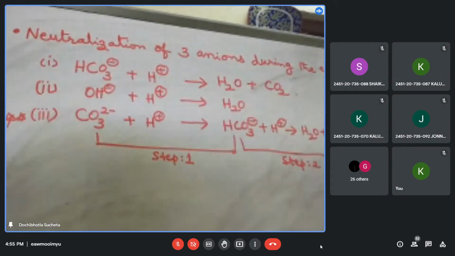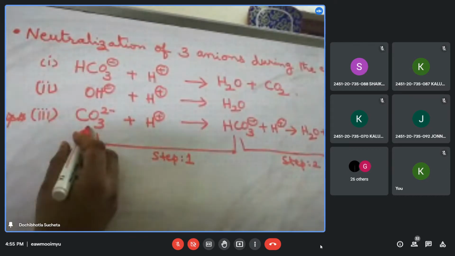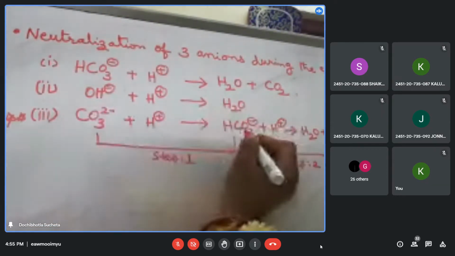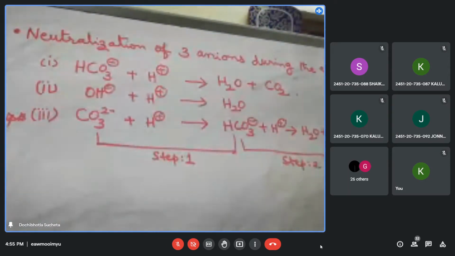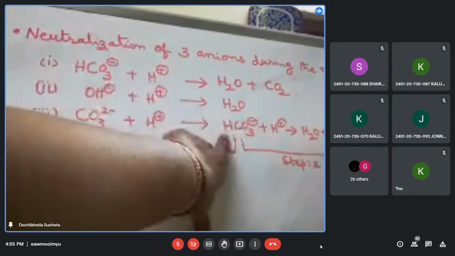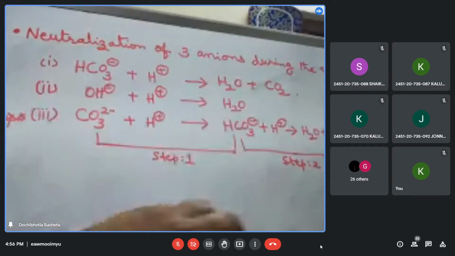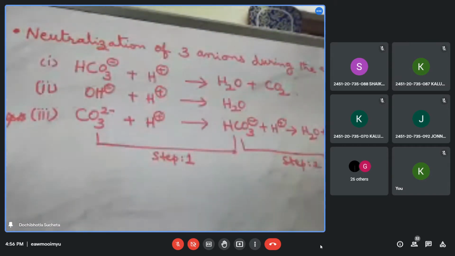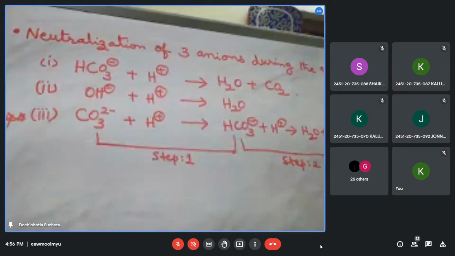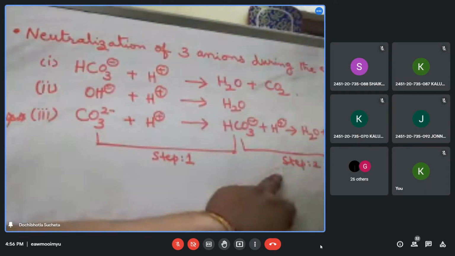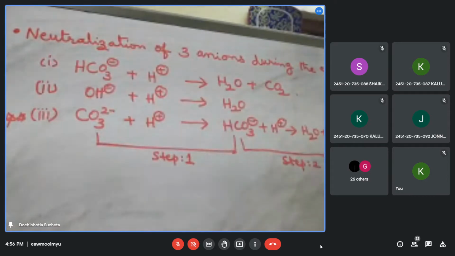But if I'm using phenolphthalein indicator, what will happen? Till the carbonate gets converted to bicarbonate, the phenolphthalein indicator shows the color. As soon as it gets converted to bicarbonate, it will no more show any color change till the end point. Now at this point, I have to add methyl orange indicator and do the titration. Okay, it means what?